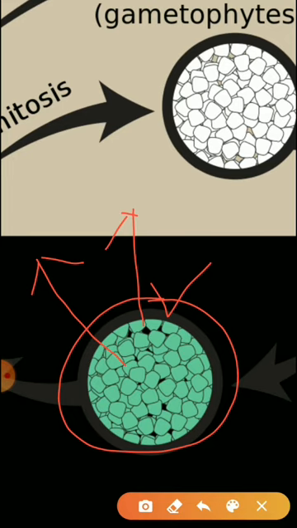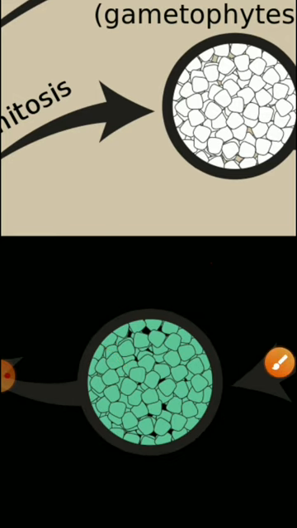Next, the spores may be thin-walled or thick-walled, motile or non-motile. These are some characteristic features of spores. Let us discuss the types of spores based on these characters.